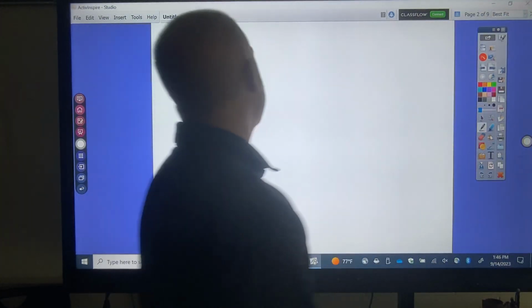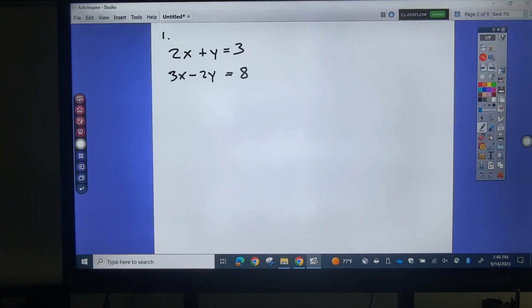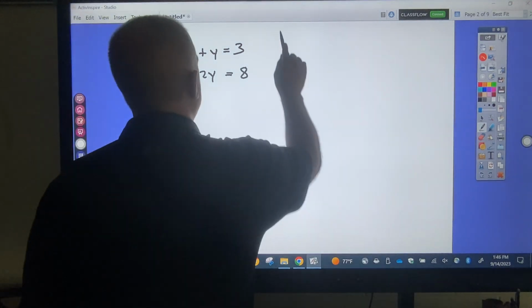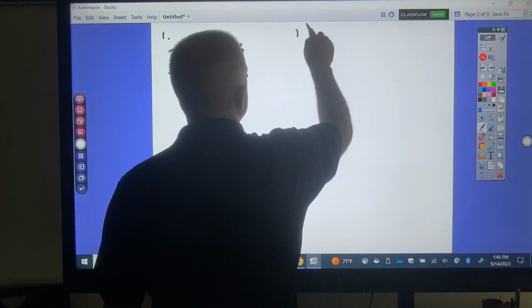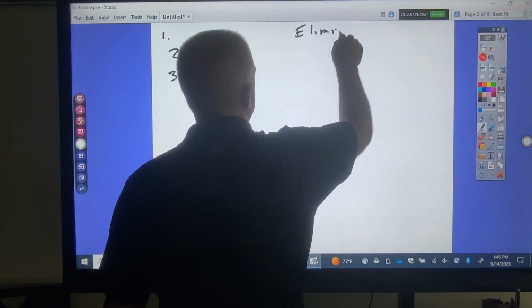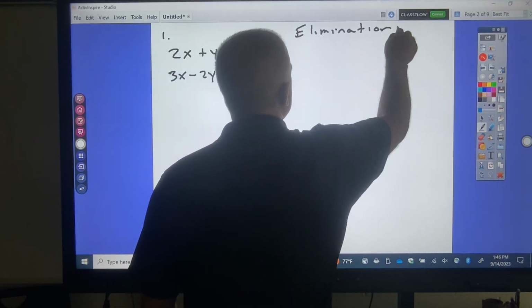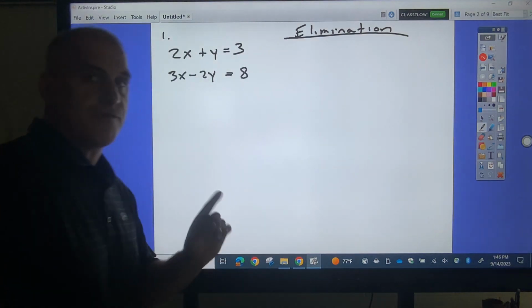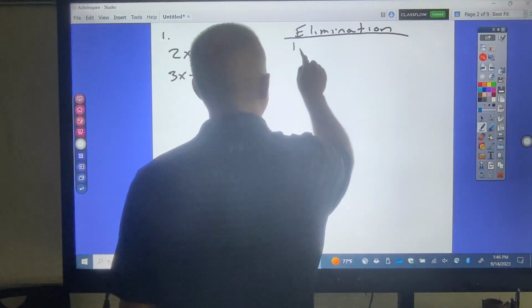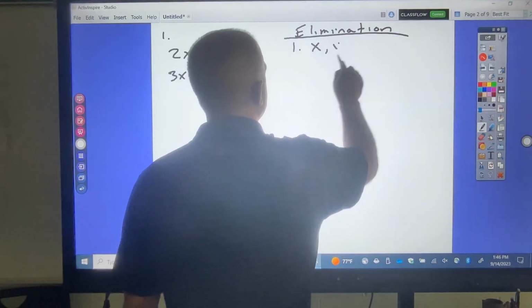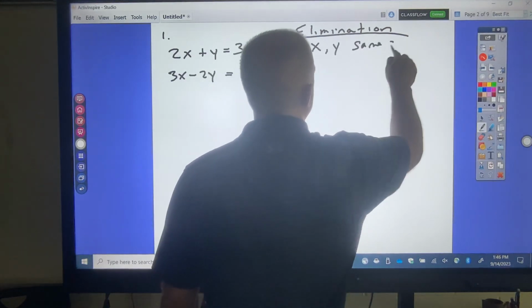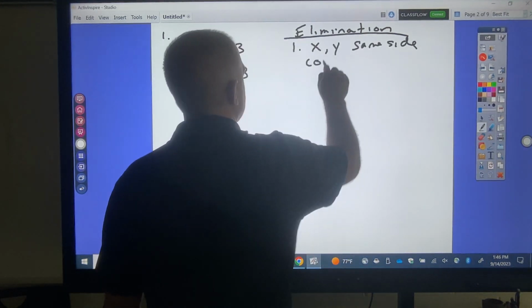Now, there are some methods that we can use. I'm going to first talk about something called elimination. What you want to do when you have elimination, first thing, make sure that you have x and y on the same side, in the correct order.